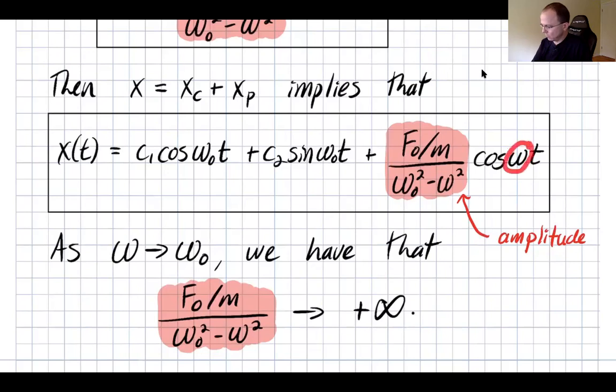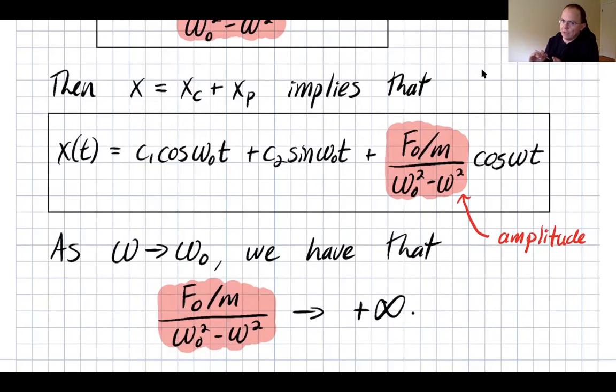So this is the frequency the soldiers are marching at, and this is the natural frequency of the bridge itself, or one of the natural frequencies of the bridge. Because large structures have a lot of different natural frequencies. Okay, so remember, we're just doing this in the undamped case.